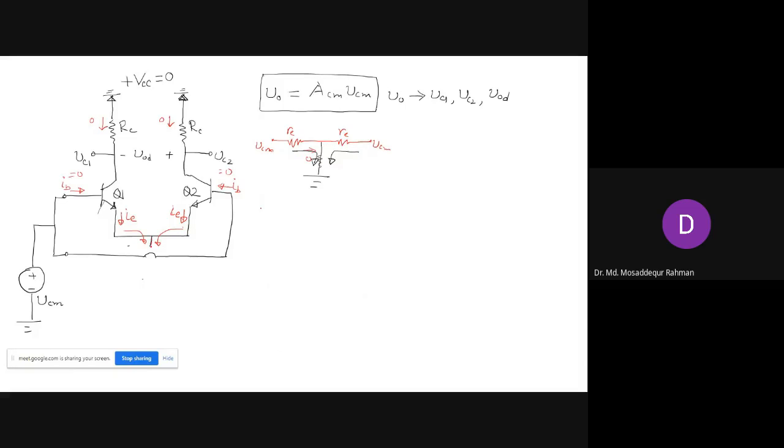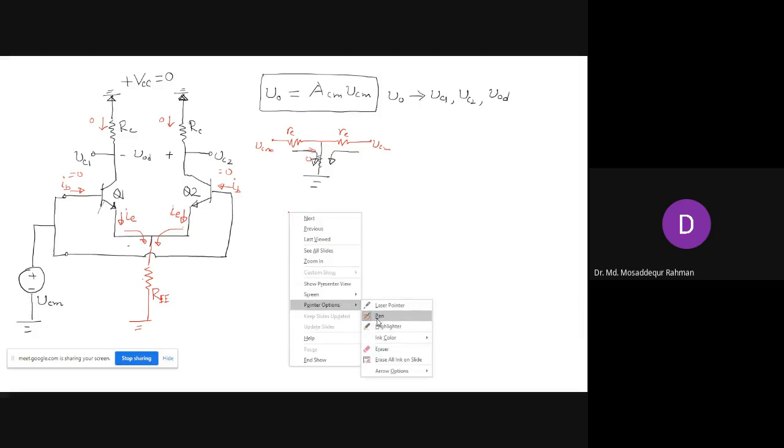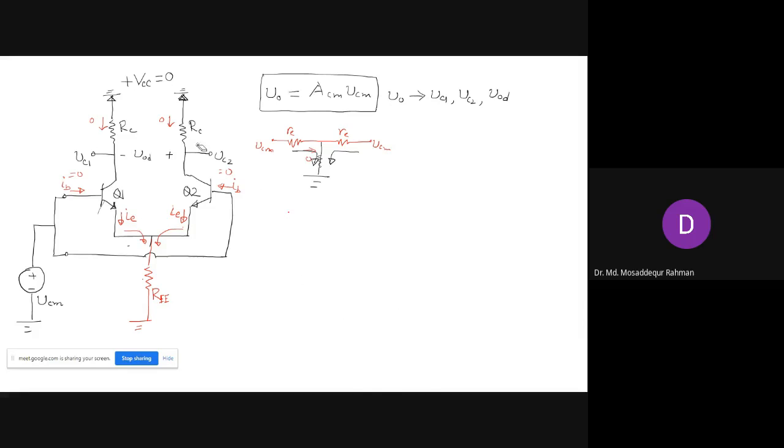And this RE, we can show it like this, connected like this. Any questions, guys? So now you have current flowing here. It will not be zero.